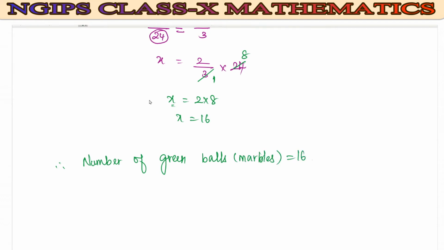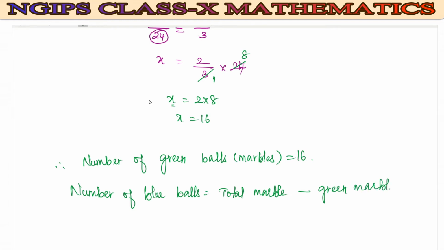Now actually we need to find the number of blue balls. Number of blue balls is equal to total marbles minus the green marbles.